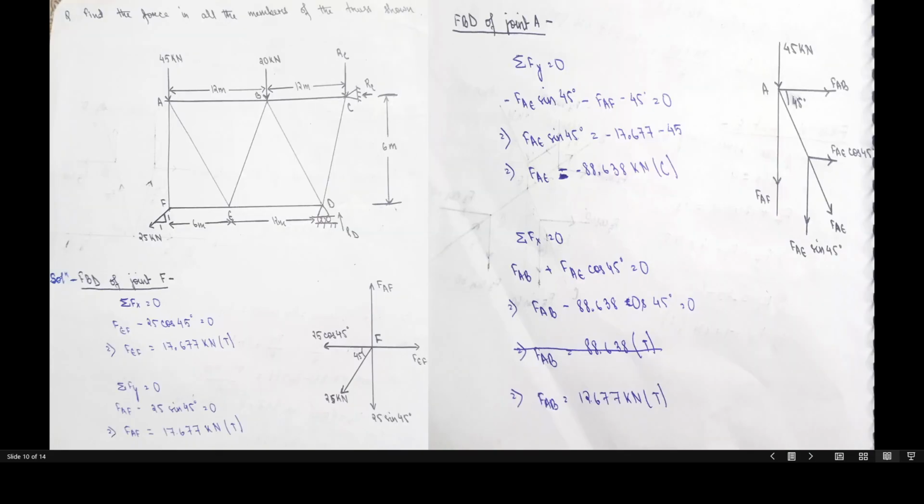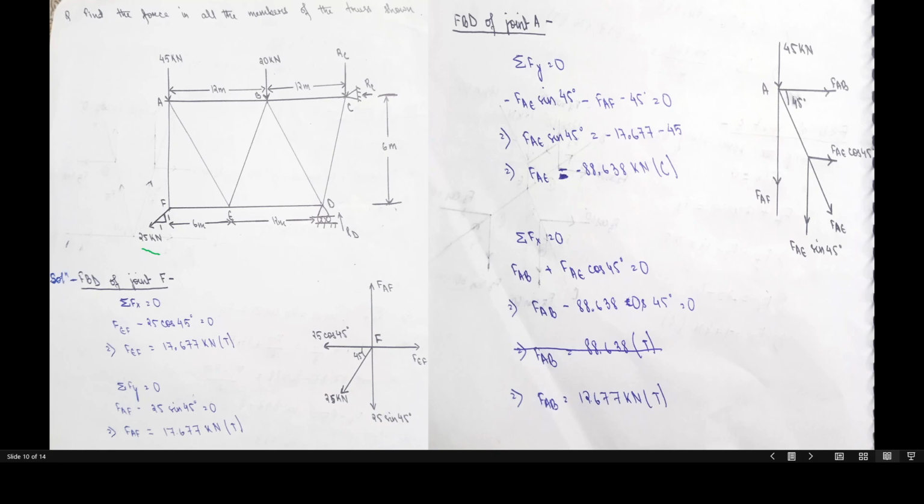Let us see another numerical. In this numerical, it is asking us to find the forces in all the members of the truss. So in the given figure, we can see that there are some reactions also, but this question can be solved easily without solving all these reactions. So we'll skip the solving of the reaction part. Here is a force that is 25 kilonewton that is inclined at some angle, and we have the distances as 1 and 1.